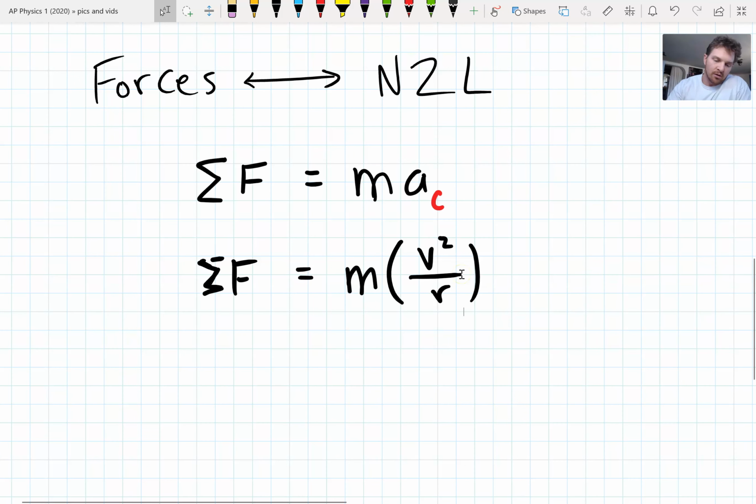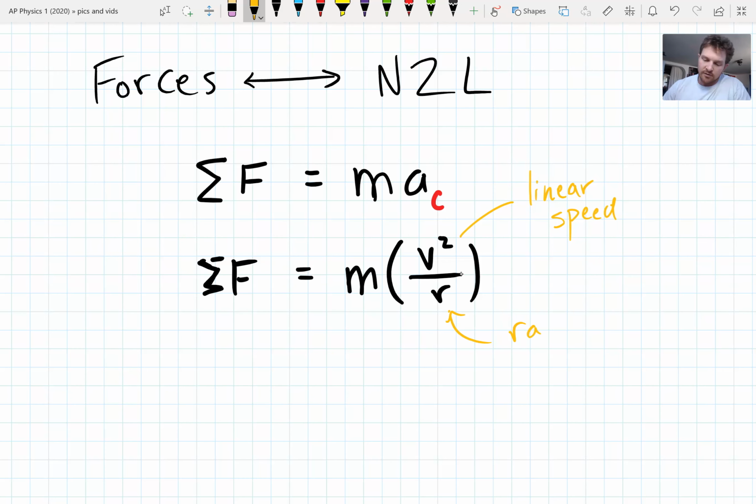Okay, so that right there is linear speed. That's that green arrow that we were drawing earlier when we were going over what the vectors are. It's the linear speed of your object, and that right there is the radius of the circular motion.